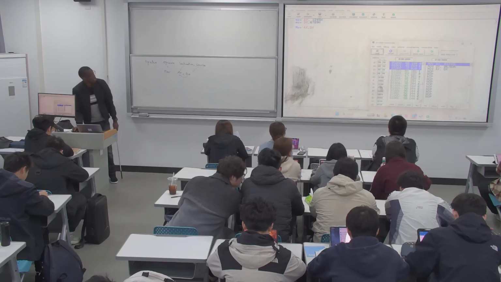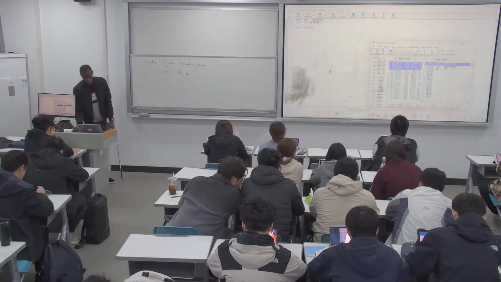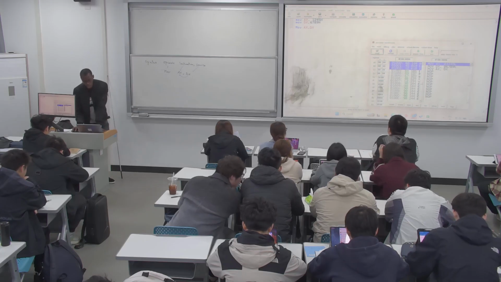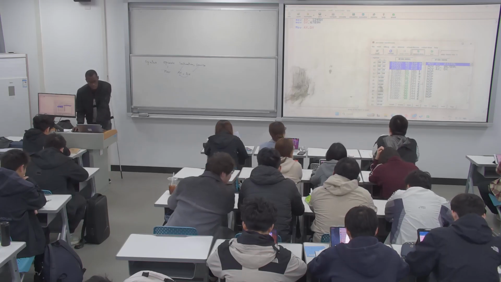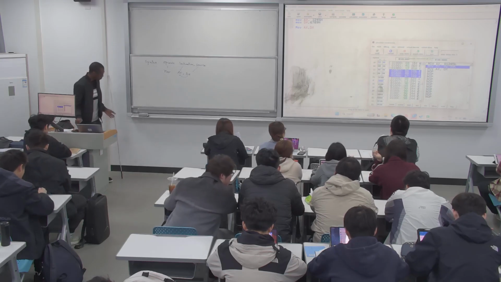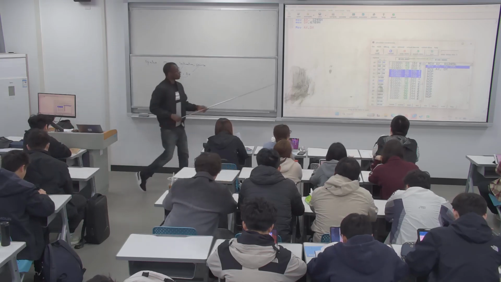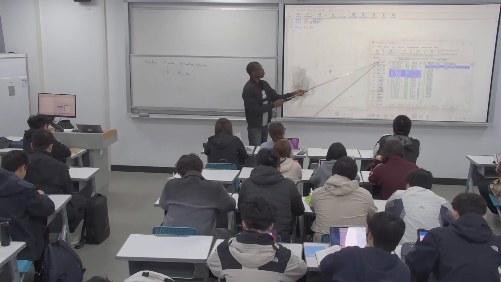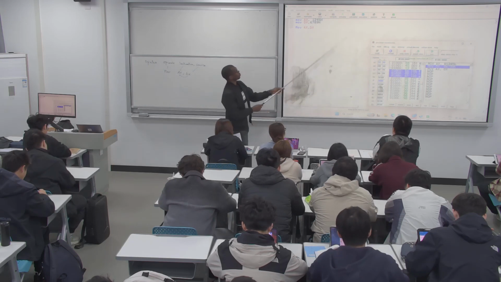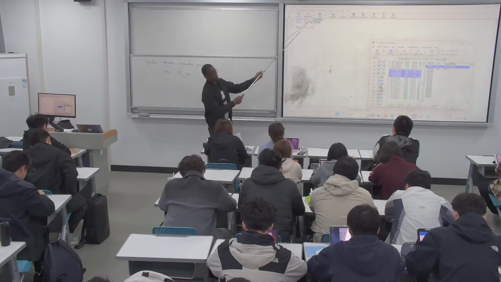Pay attention here to AX and DX. Once I do a single-step execution, our accumulator register contains 12345 because we just executed the first instruction.